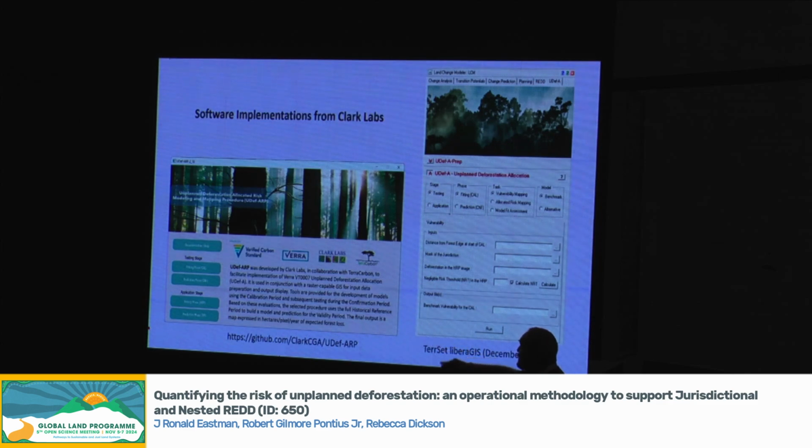One is available on GitHub. It is a Python-based implementation that anybody can freely download. And it simply goes through all the steps that are outlined in the document. And then in the new version of TerraSet, coming out in December, called LibreGIS, there is also an implementation.